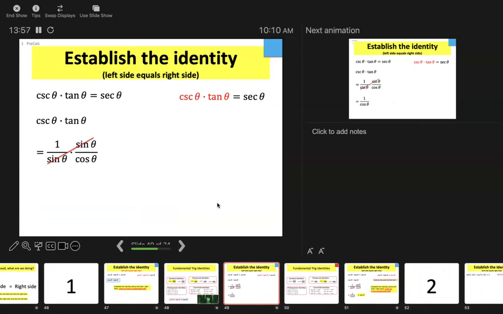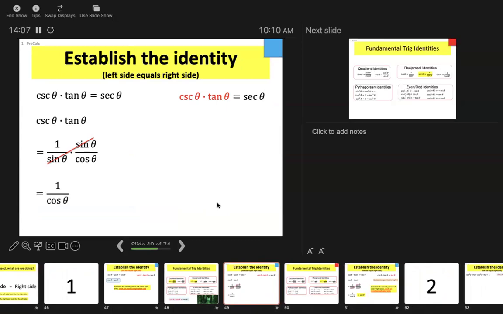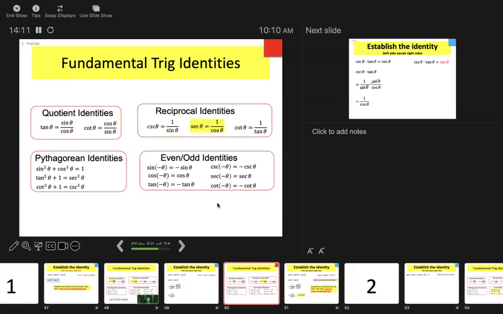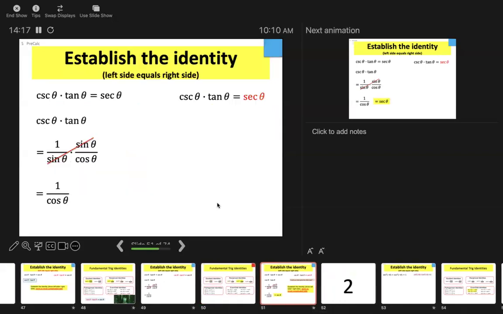And this is why having a good command of your trig identities allows this to be an easier process. If you didn't have command over your identities, you'd be like, well, why would I want to write it as 1 over cosine? Well, 1 over cosine is secant by definition. So having a good understanding of your trig identities and the end goal in mind is what makes these somewhat easy.